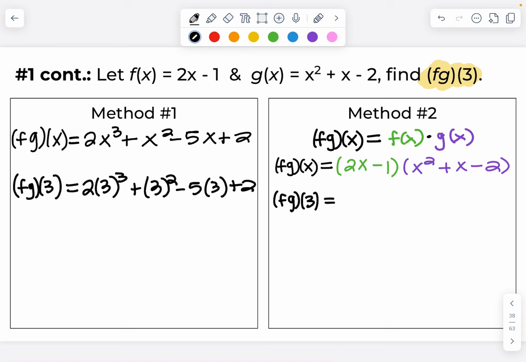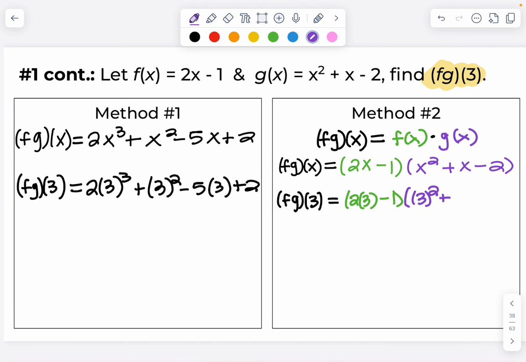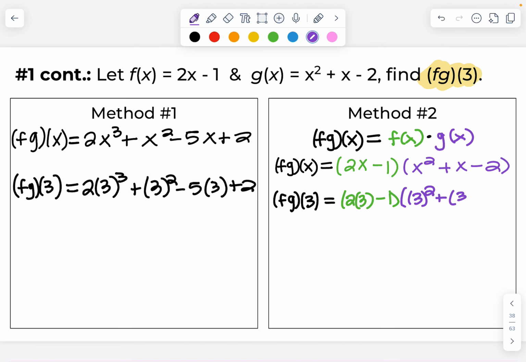And I can do that in each function individually. So I can do 2, and then instead of an x, I'm going to plug in 3 minus 1. And then here, again, I do big parentheses to represent the full function, plugging in 3 for x. And I always wrap things in parentheses when I substitute. So that's what it looks like when I do it that way.